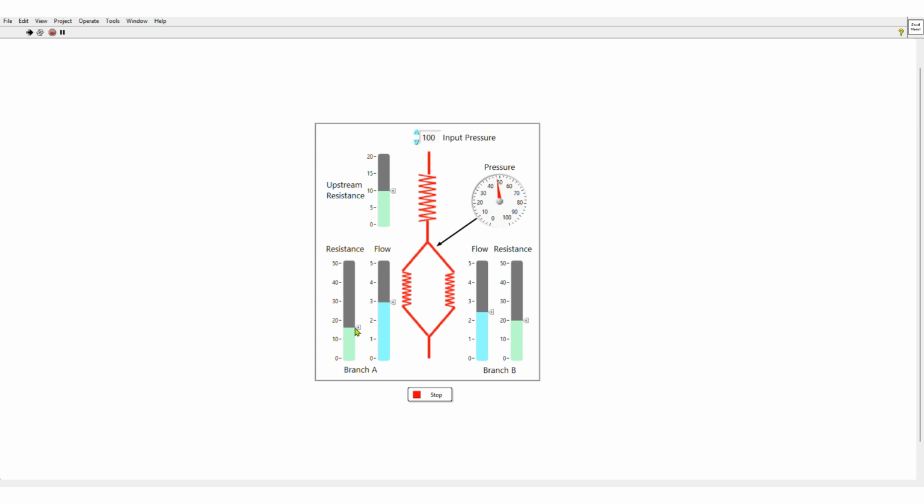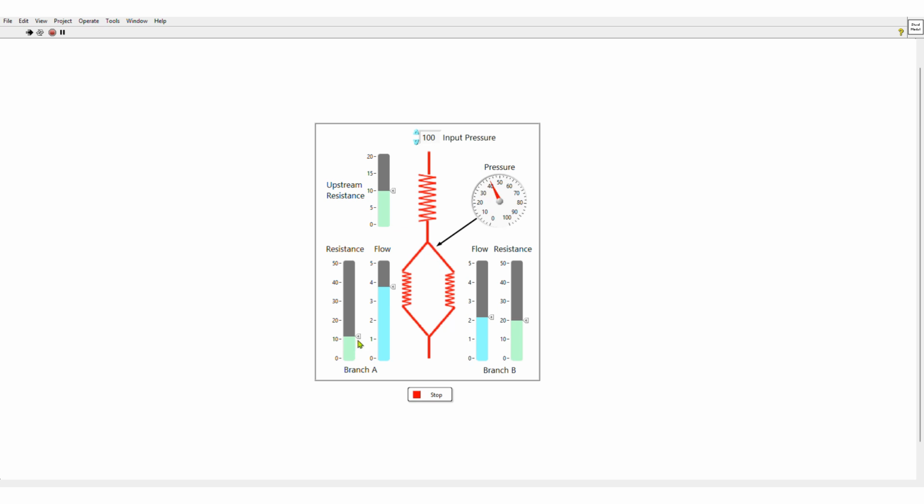Branch A reduces its resistance to increase its flow and steals the flow, so to speak, from branch B. But it occurs because the perfusion pressure is altered as I increase the general flow through the upstream resistance. The pressure loss in that resistance is greater, and the perfusion pressure goes down.